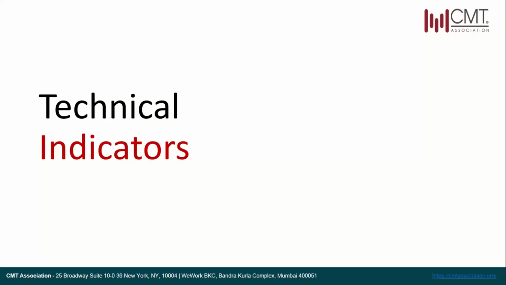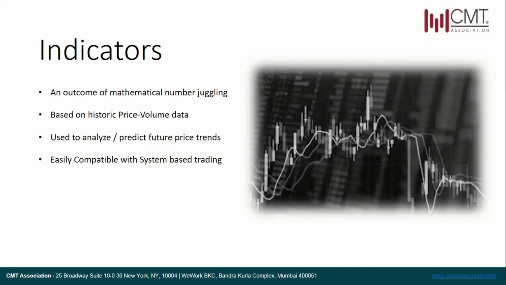So what is basically a technical indicator? At the definition level, I would say they are just an outcome of mathematical number juggling, and in general they are based on price action and typically historic price and volume data. They are heuristic in nature, and a lot of technical analysts use them to predict future price trends and analyze the prevailing structure of the asset in terms of its momentum and trend.